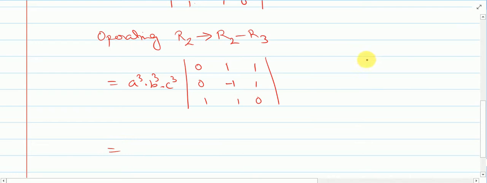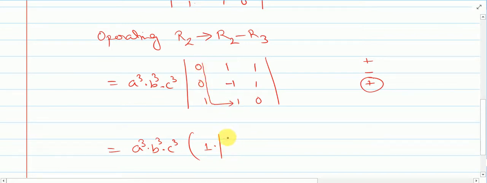So here for the first column we have plus minus plus, okay. So a cube, b cube, c cube, 1 into, now forget this column, forget this row, you are left with 1 1 minus 1 1.